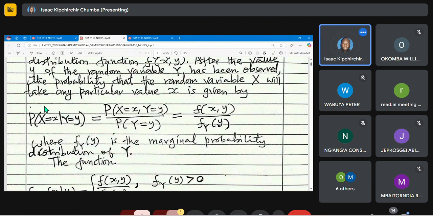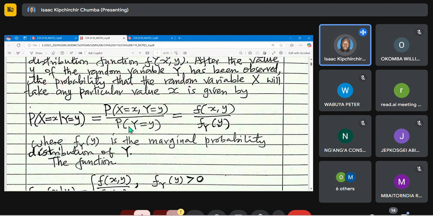And basically, we shall be calling it conditional probability distribution. So how do we determine that probability? You can see this is the joint over the marginal of y. When we are looking at the probability of x given that, we are conditioning on the event which has already taken place: the random variable y has already assumed the lowercase y.